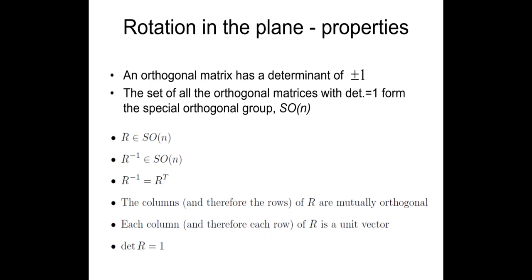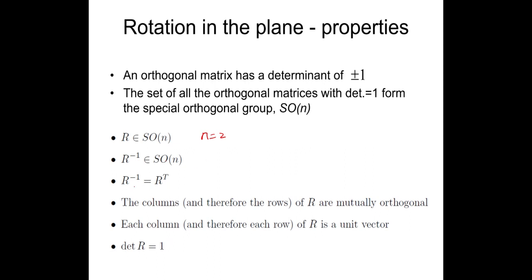If n equals 2, it means it is 2D, and R is 2 times 2. R is a matrix of 2 times 2, and the inverse of R also belongs to 2 times 2 matrices.